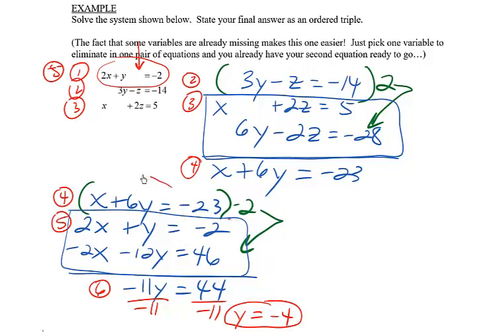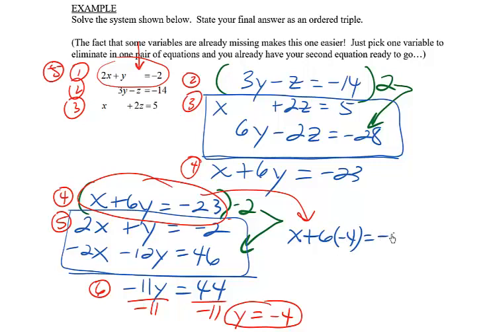Equation 4 looks pretty good, so I'm going to take equation 4. I'm going to recopy it, but in place of the letter y, I'm going to put a negative 4. And then I just need to carry out the algebra. Looks like this is x minus 24, and when I add 24 to both sides I get x equals 1.